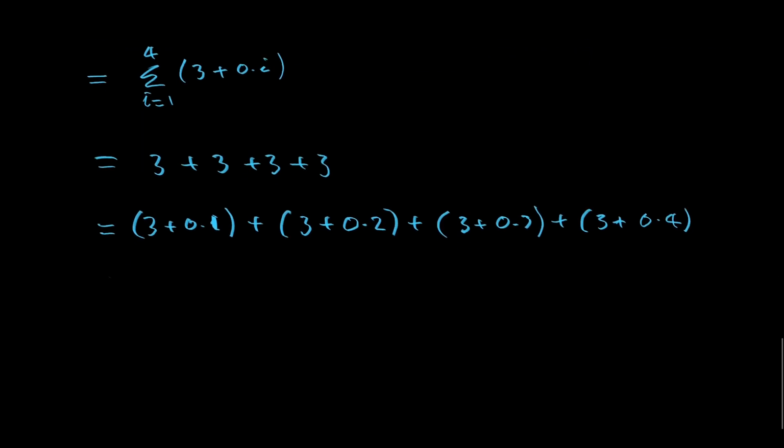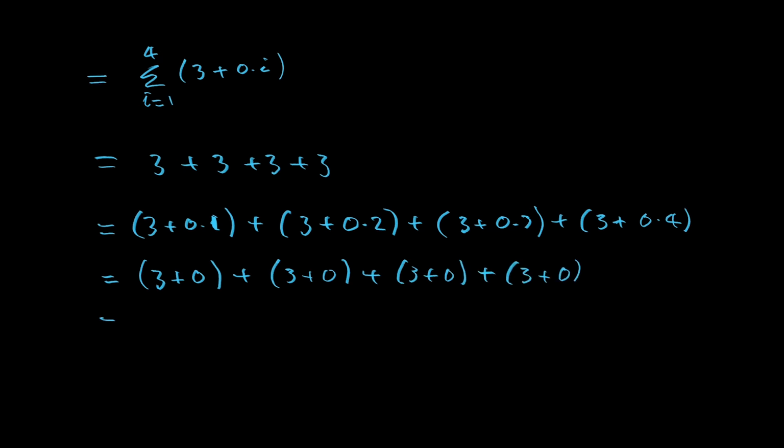So in each case, it's just 3 plus 0. Each term would just simplify to 3 plus 0 plus 3 plus 0. And you can see the zeros aren't contributing to the sum. So we're really just left with 3 plus 3 plus 3 plus 3.